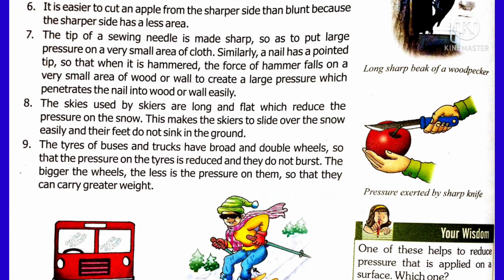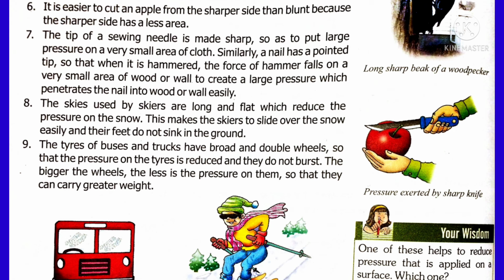That is the reason the pressure will be more, so it can break the wood easily and pick up the worm. We always prefer a sharp knife rather than a blunt knife because a sharp knife has less area, so it exerts more pressure. So this apple can be cut very easily with a sharp knife than a blunt knife.